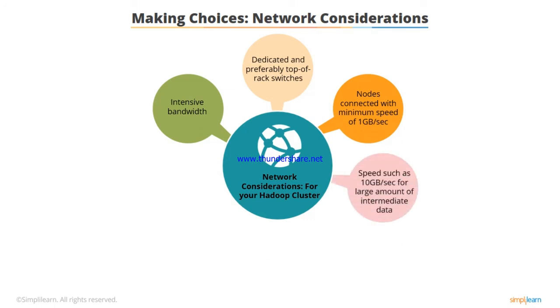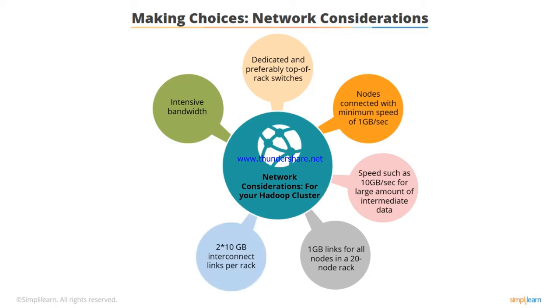The nodes should have more speed for large amounts of intermediate data, such as 10 GB a second. Large clusters typically use 1 GB links for all nodes in a 20-node rack, and 2 into 10 GB interconnect links per rack going to a pair of central switches. 1 GE oversubscription between racks.